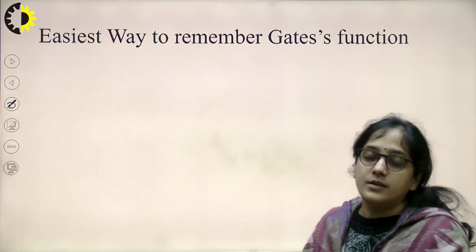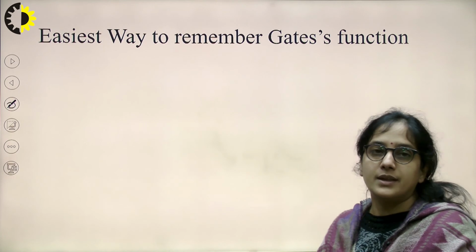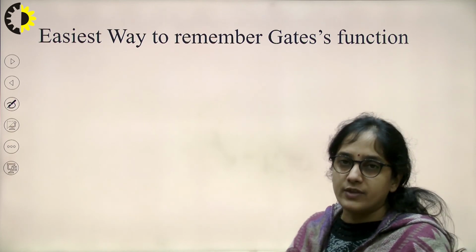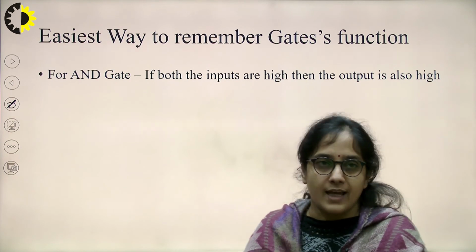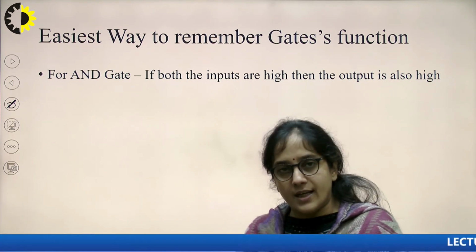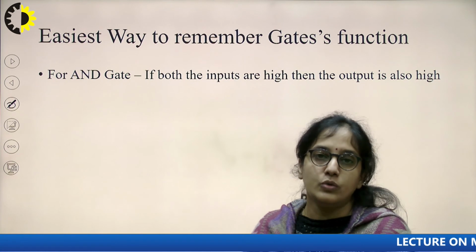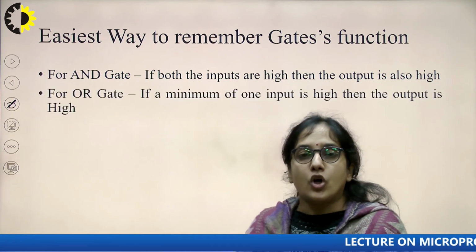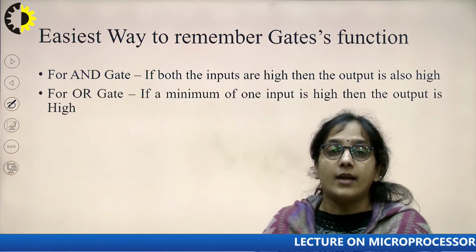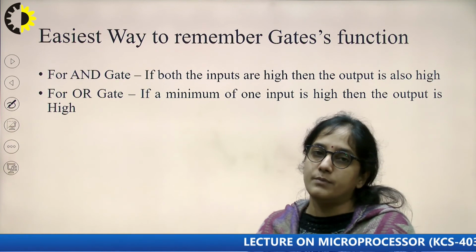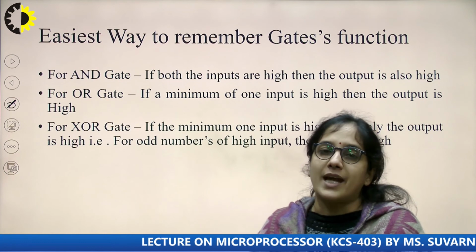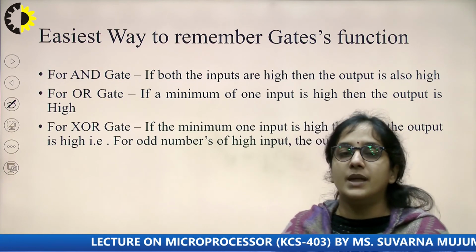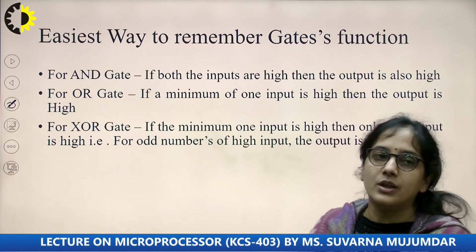Now, how can you remember the gate functions? For the AND gate, remember that if both the inputs are high then the output is also high. For the OR gate, if a minimum of one input is high, then the output is high. For the XOR gate, if minimum one input is high, or you can say an odd number of high inputs, the output is high.